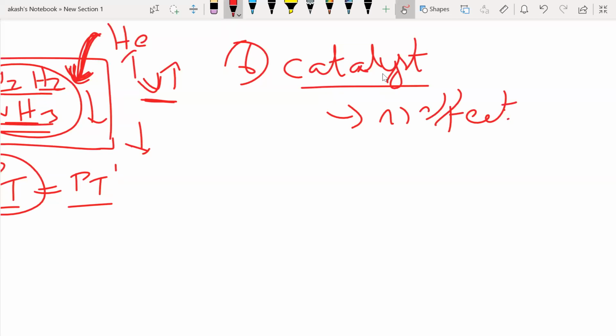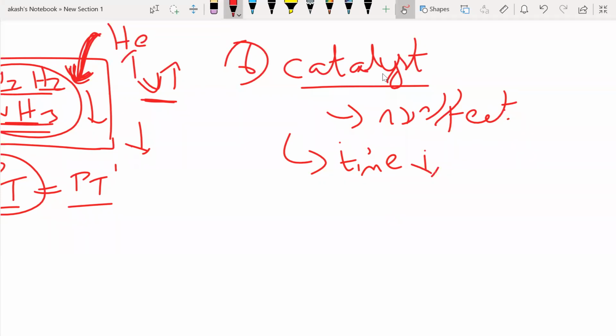But the time required to reach equilibrium decreases because the reaction is going to become faster, isn't it? So the time required to reach equilibrium becomes lesser, but there is no effect on the equilibrium constant value, nothing will change.